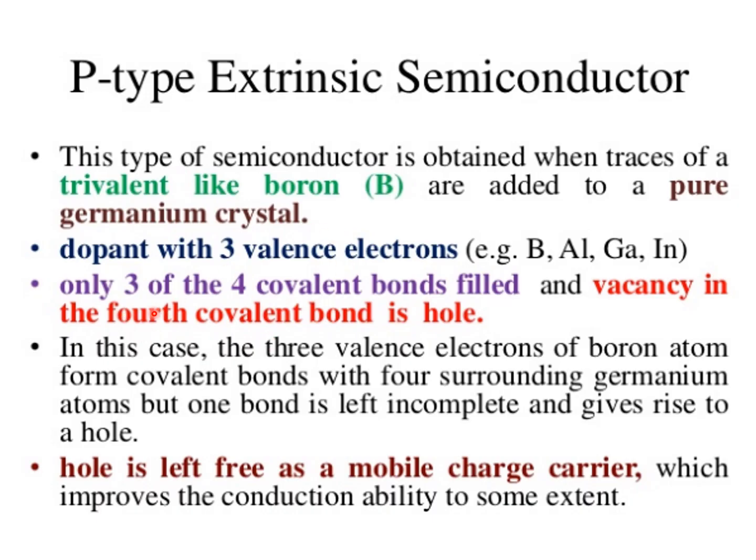The dopant has only 3 electrons. The silicon has 4 electrons. The 3 electrons in the dopant and 3 electrons of the silicon form covalent bonds. There is one space, a lack of electron, the absence of electron in the covalent bond. The absence of electron is called a hole.